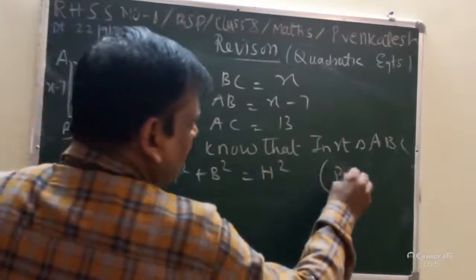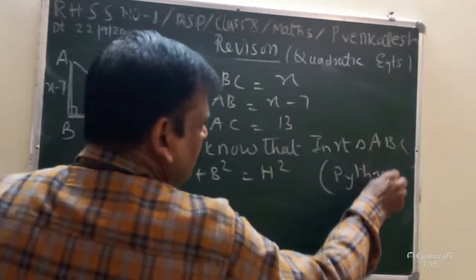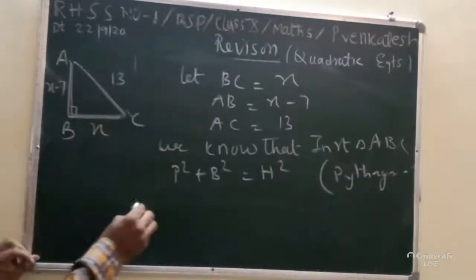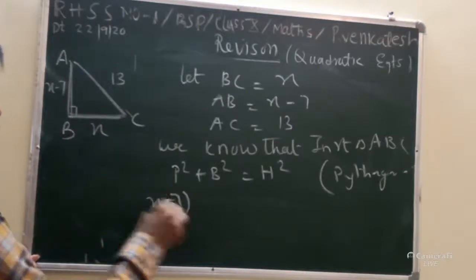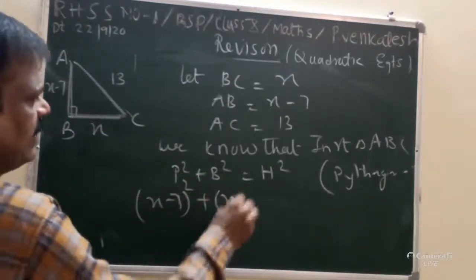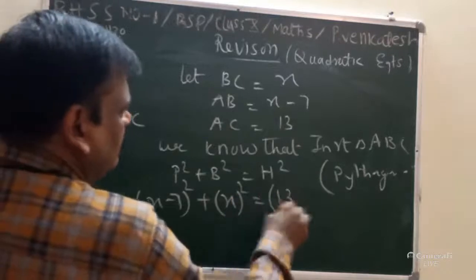What theorem? Pythagoras theorem. We are studying similar triangles also. P is x minus 7 whole square plus base is x whole square equal to 13 square.